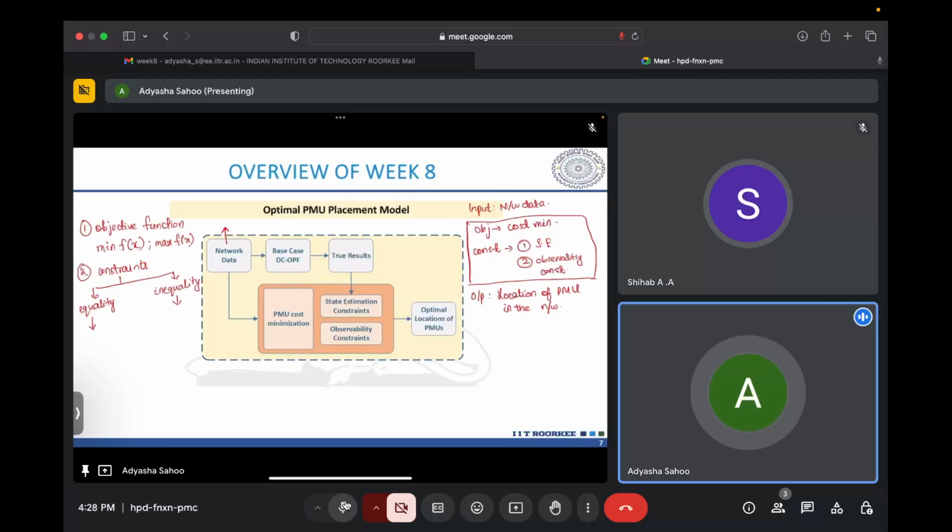Voltage level, basically we want that the voltage remains within some minimum and maximum limits. If we talk about per unit, we say that the voltage may lie between 0.9 and 1.1 per unit. So this will give you a region, right? So it is a type of inequality constraint. In the equality constraint, you have the equality operator, that some operation is equal to something.